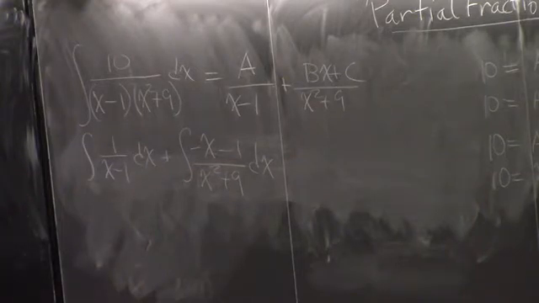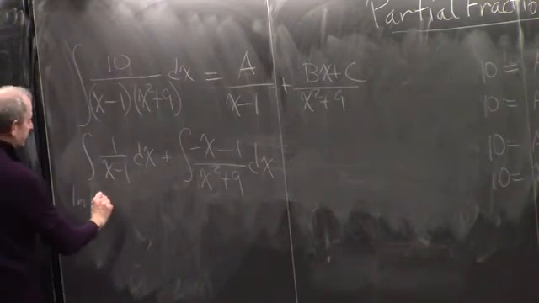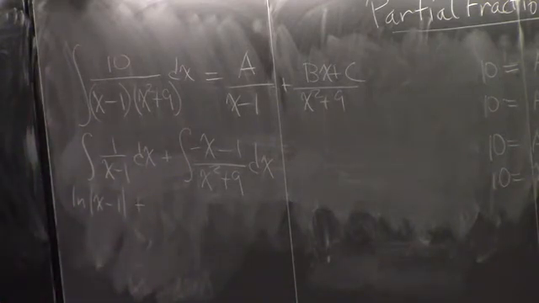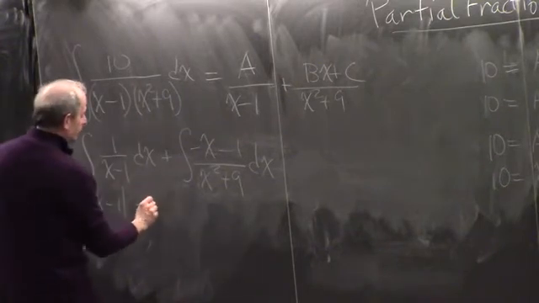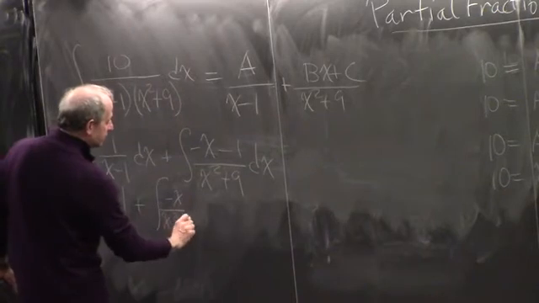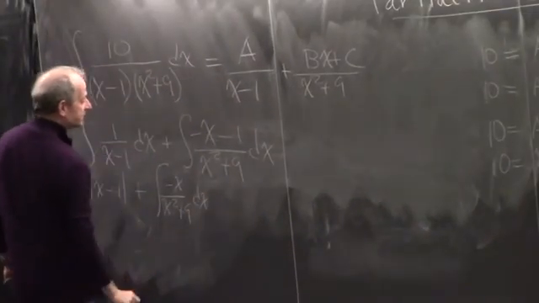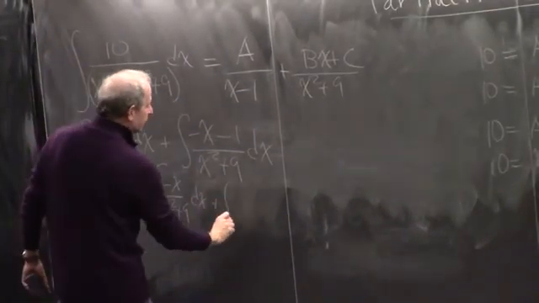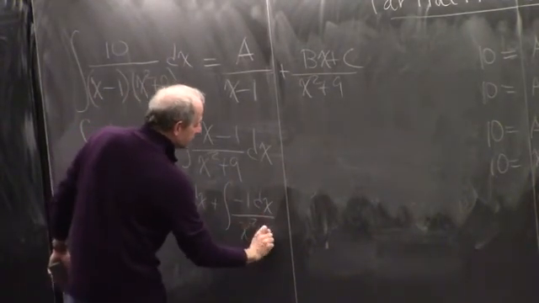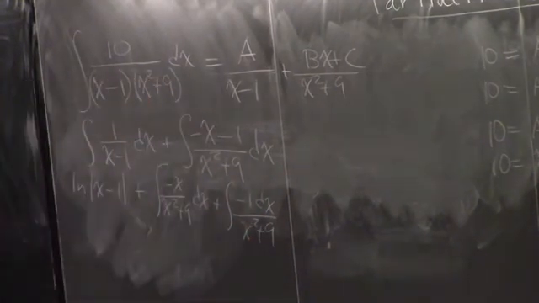So this first integral is easy. This is natural log of x minus 1. What about these other two integrals? Break it up. Make this the integral of minus x over x squared plus 9 dx, and the integral of minus 1 over x squared plus 9.